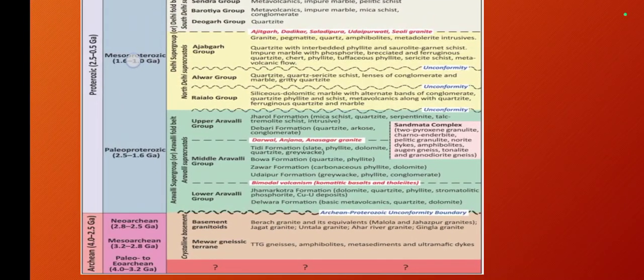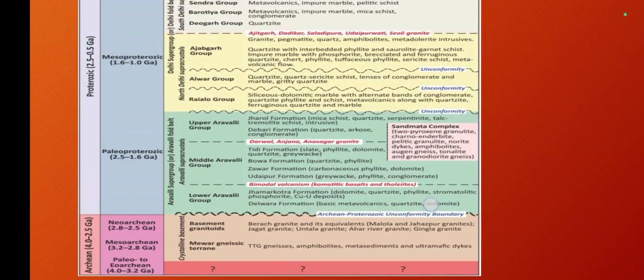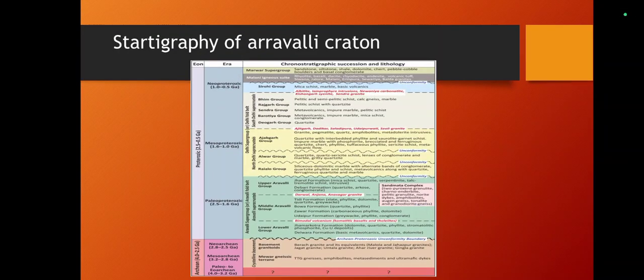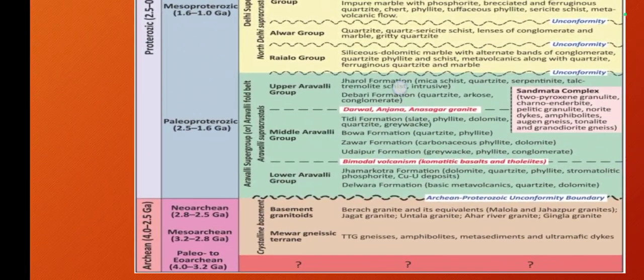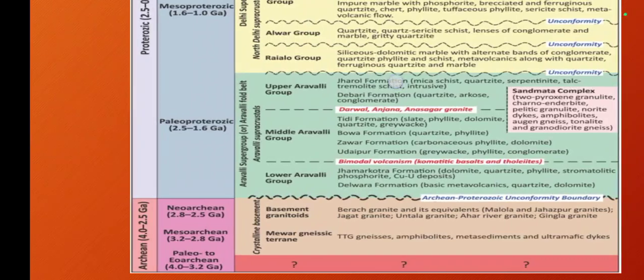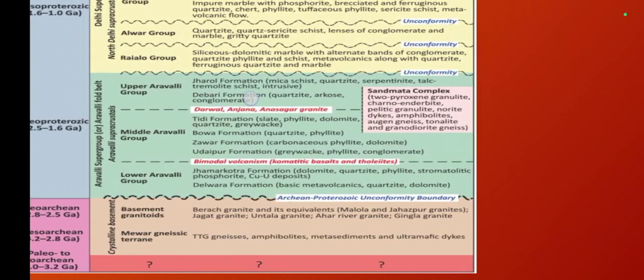As far as its composition is concerned, let me point it out for you. Here in the lower region, that is your Archean basement, you can see that the basement, your Mewar gneissic terrain, is of TTG and amphibolite and metasediment and ultramafic type.